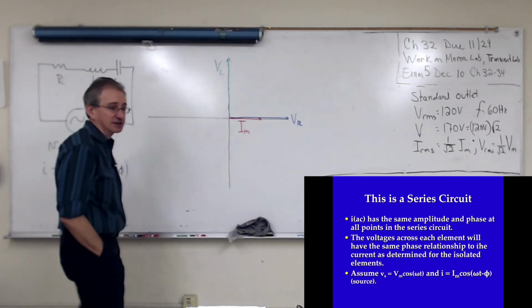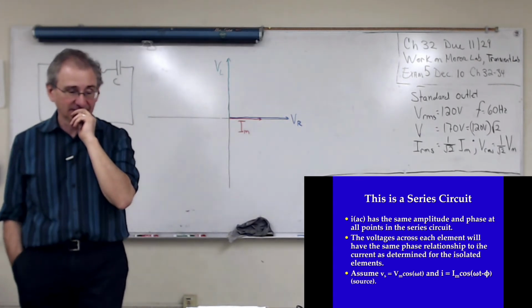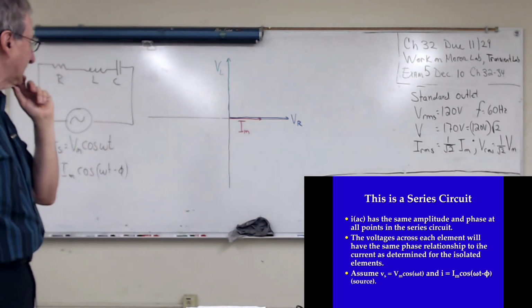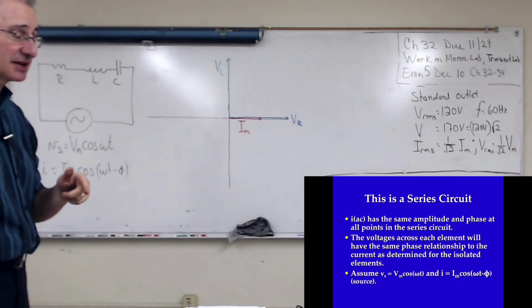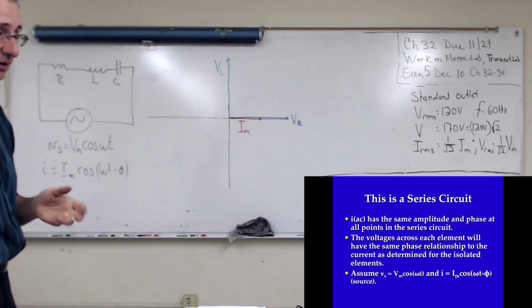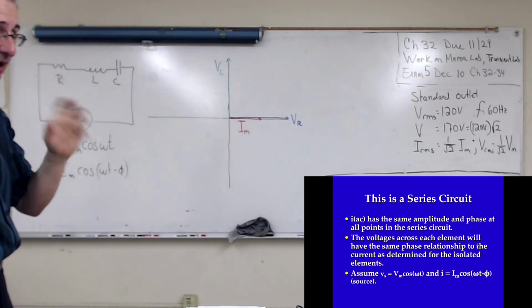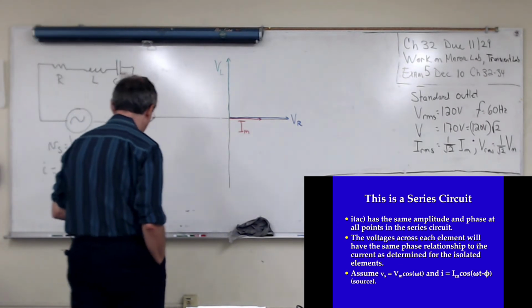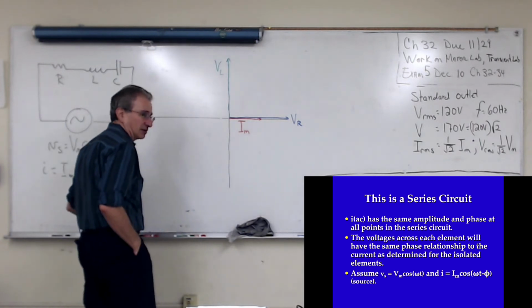What about the capacitor? What do we say about the capacitor? We said that the voltage across the capacitor is behind the current through it by 90 degrees. Let me know if you can see this.